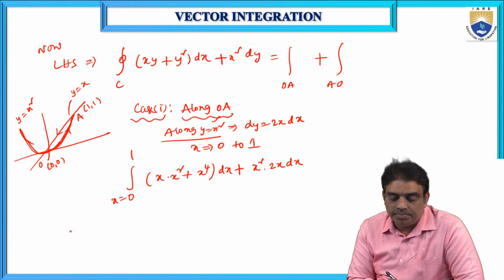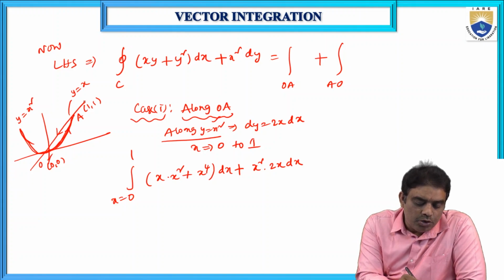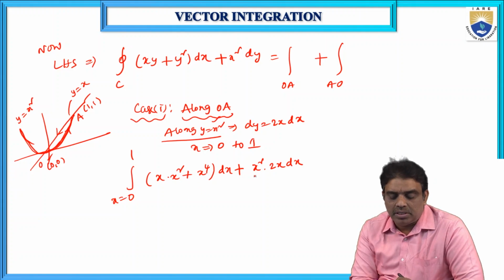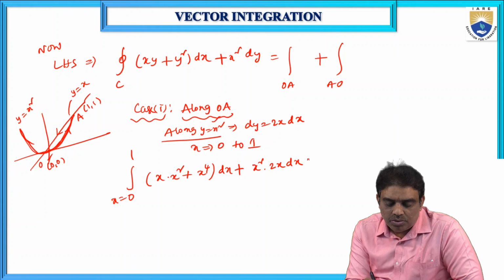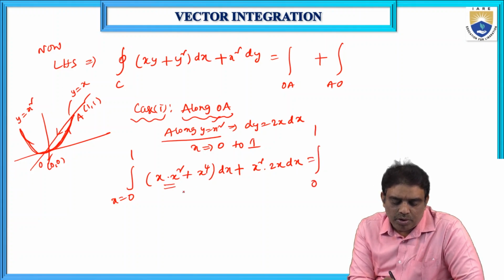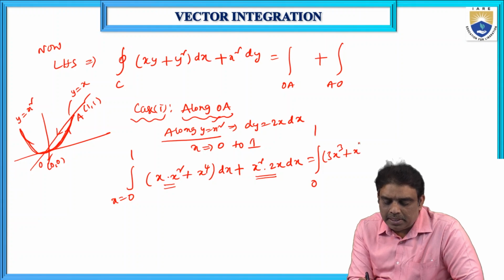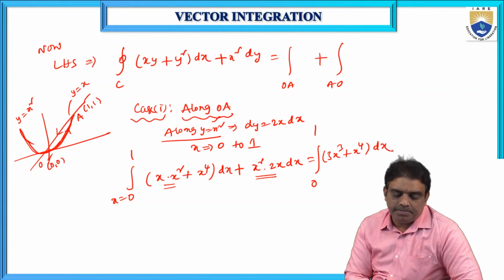The entire function is changed into a function of x, that is 0 to 1, x cube plus x power 4 plus 2x cube, that is 3x cube plus x power 4 dx.